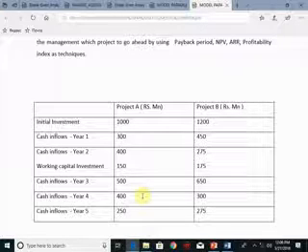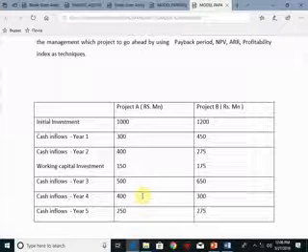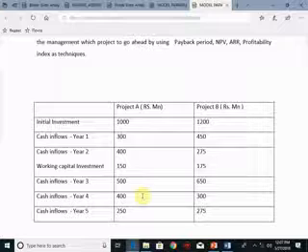The NPV you can calculate as the present value of cash inflows. How much? 273, 300, 376, 273, 155, total 1407. Minus the present value of cash outflows, 1124. There are two outflows: the fixed capital investment and, in between, the working capital investment.